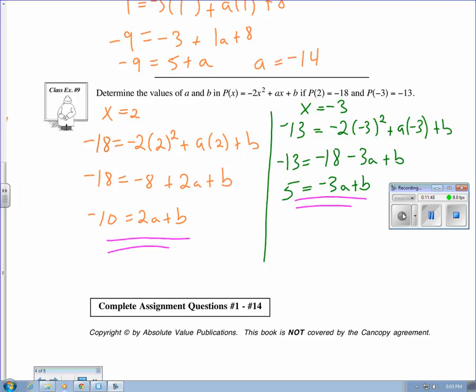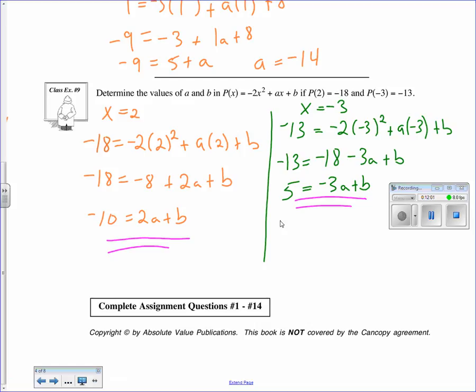Now I have two equations and two unknowns. There's a variety of ways of solving them. I'm going to solve for the unknowns by the method called elimination. I'm going to line up both equations over here. So negative 10 is equal to 2a plus b, and I'm going to subtract. The reason I choose to subtract is that b minus b is 0.